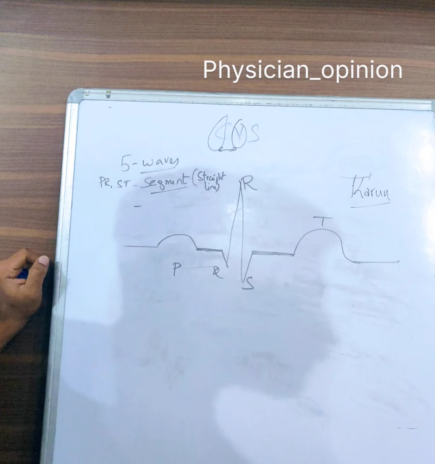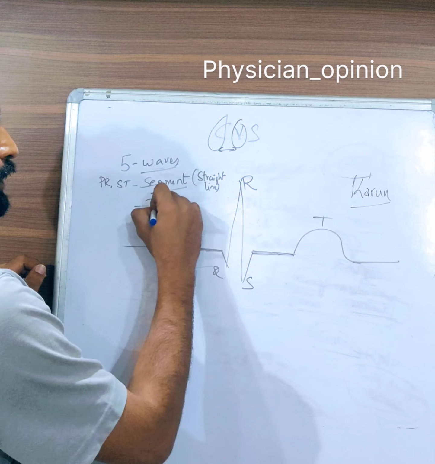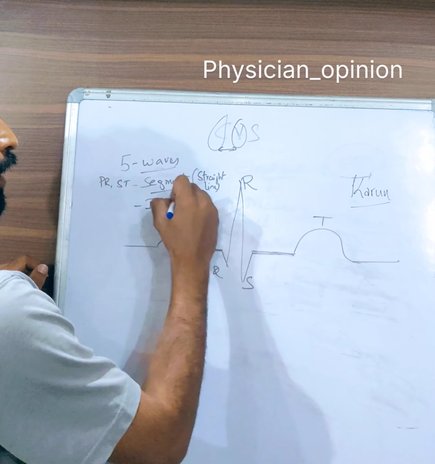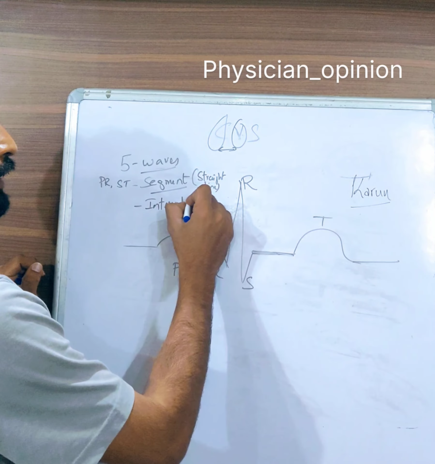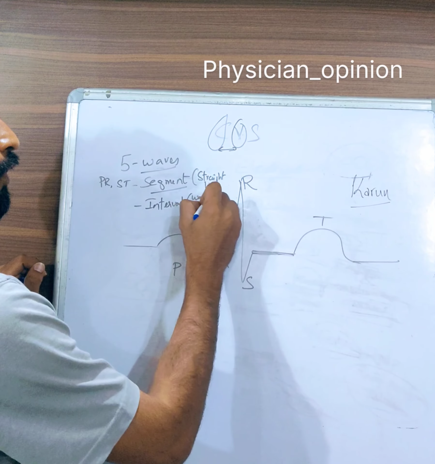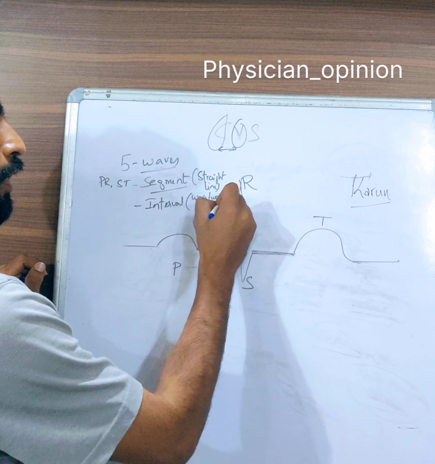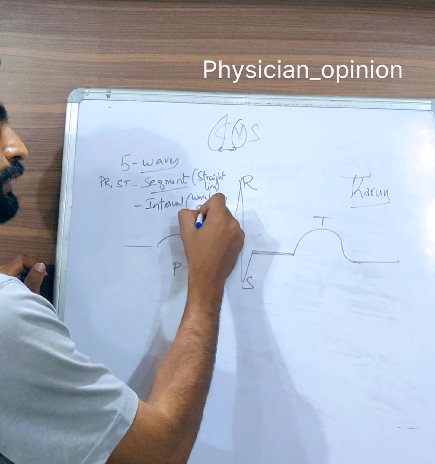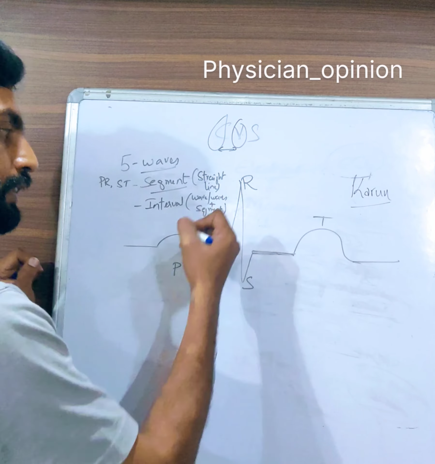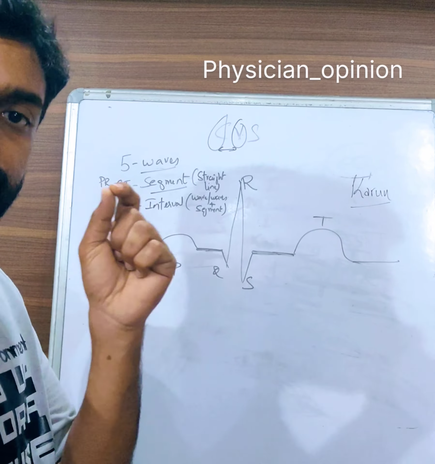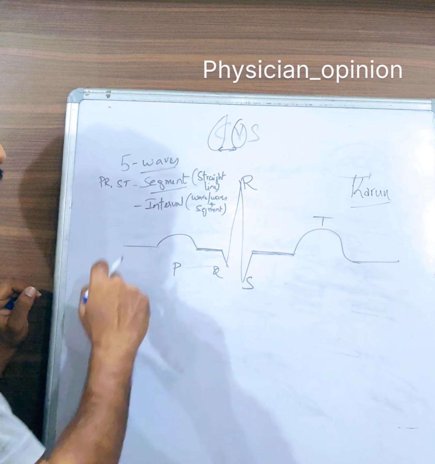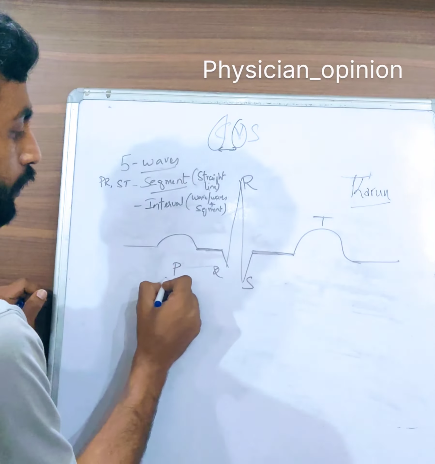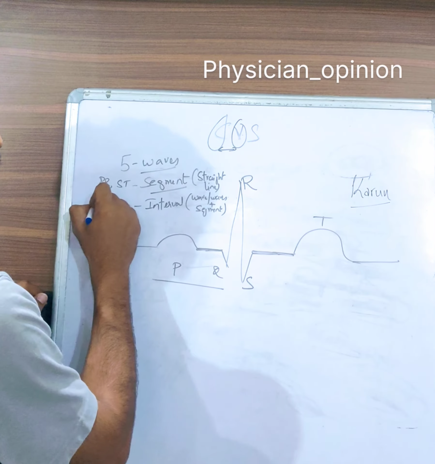Next, we have something called intervals. Intervals are nothing but a wave or waves plus a segment. There should be a segment and there should be a wave or more than one wave. That is called an interval. We have the PR interval.